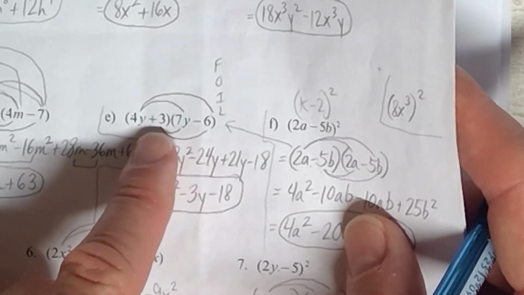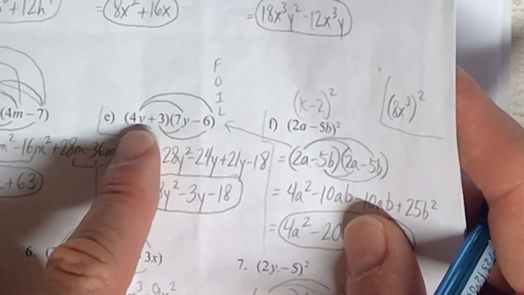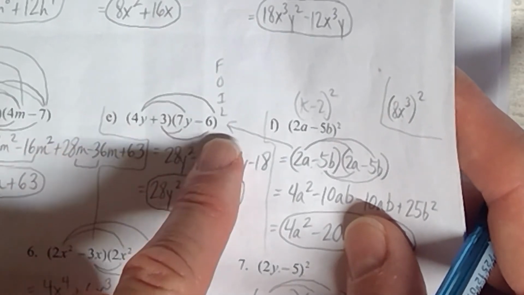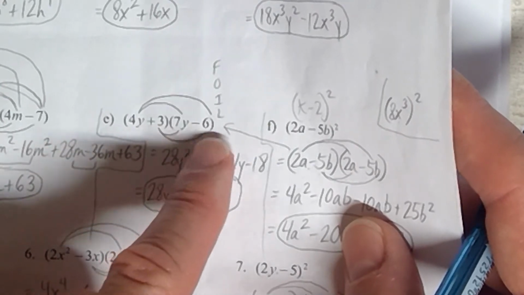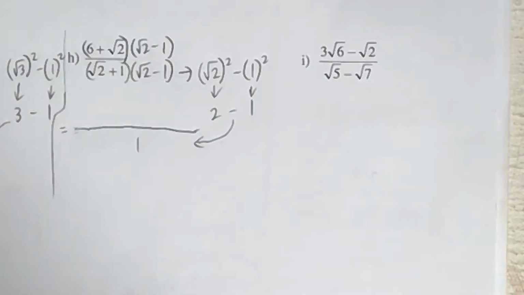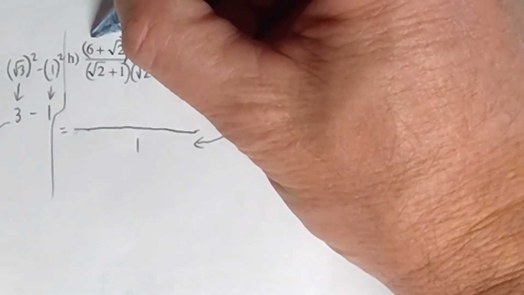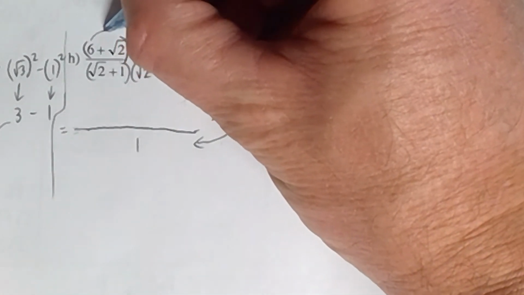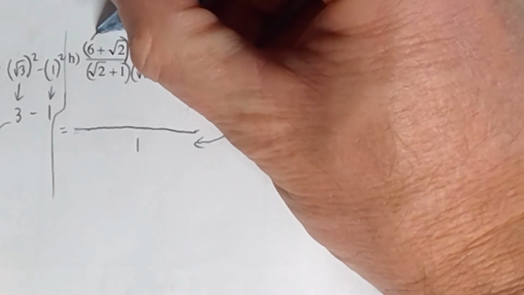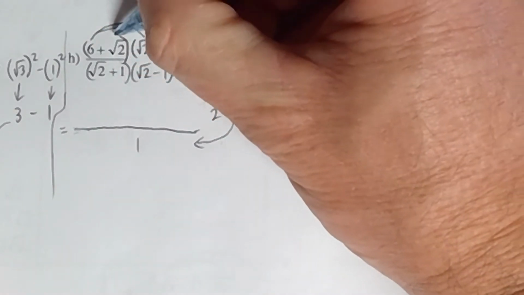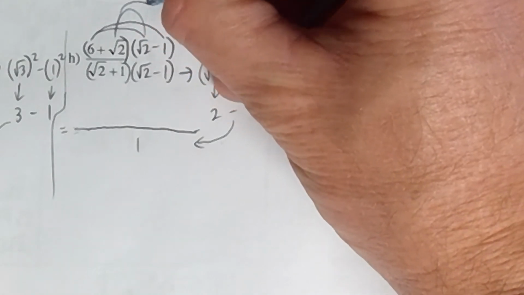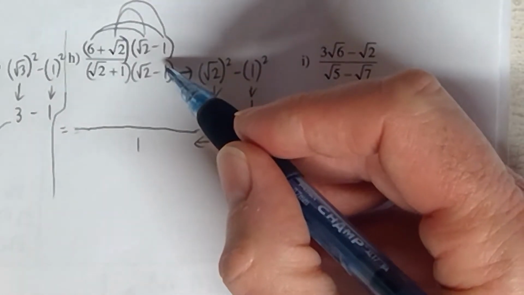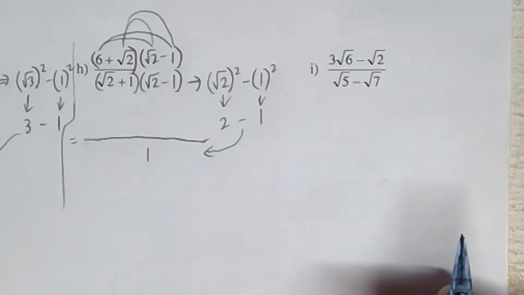Then you multiply the first term by each of these terms, and then you multiply the second term in the first bracket by each of these terms as well, and you end up with a total of 4 multiplications. Same thing here. You start out with the first term in the first bracket, multiply it through, and then you go to the second term in the first bracket, you multiply that by each one of the terms in the other bracket also, and you have a total of 4 multiplications.